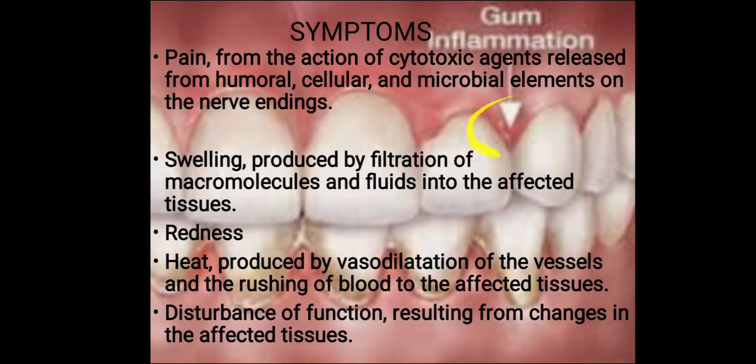Swelling is produced by filtration of macromolecules and fluids into the affected tissue. Heat is produced by vasodilatation of the vessels and rushing of blood to the affected tissue. Disturbance of function results from the changes in the tissue.